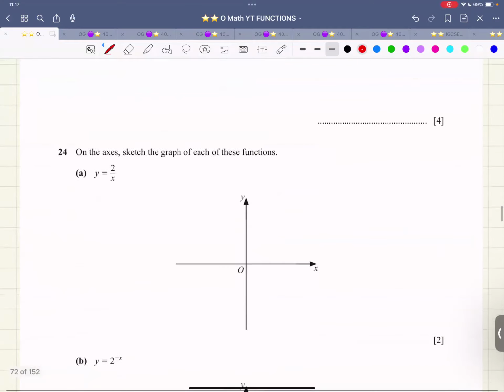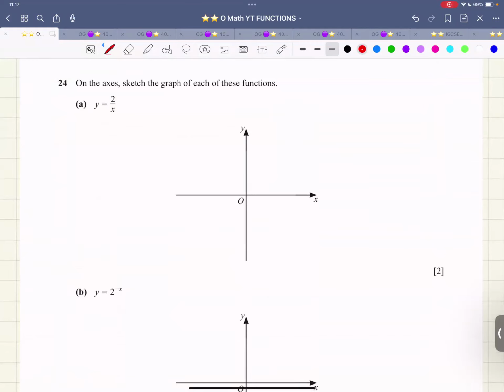Another question. On the sketch, draw the graph of each function 2 over x. Again, it's the same thing as before. So 2 over x, first quadrant. And this quadrant, again, label this thing.